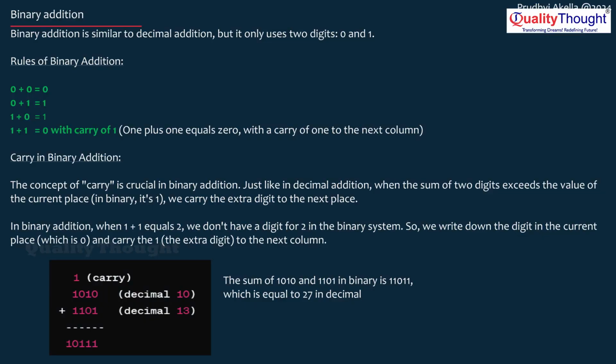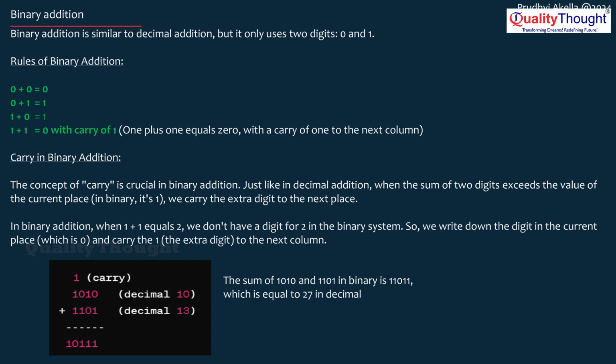When you follow that whole procedure, the representation of 10 is 1010, and the representation of 13 is 1101, correct? Now we are going to sum 1010 plus 1101. These both are 4-bit representations.